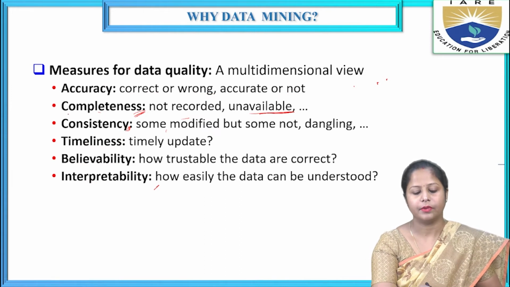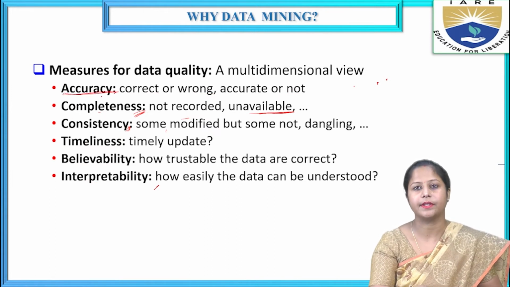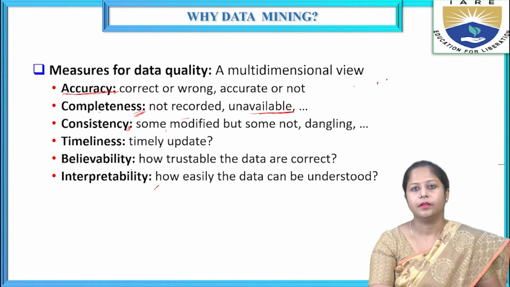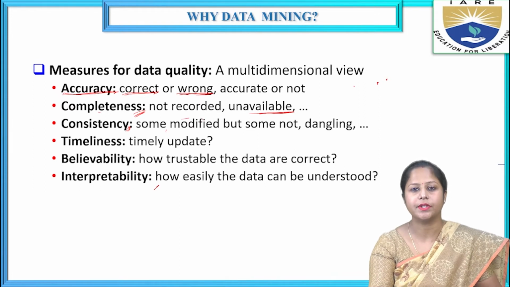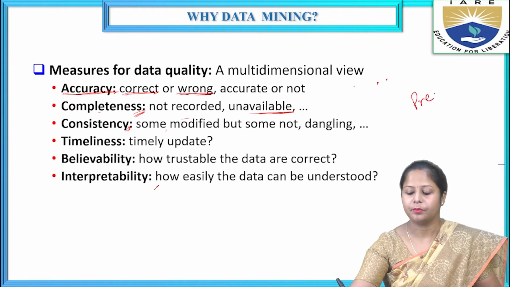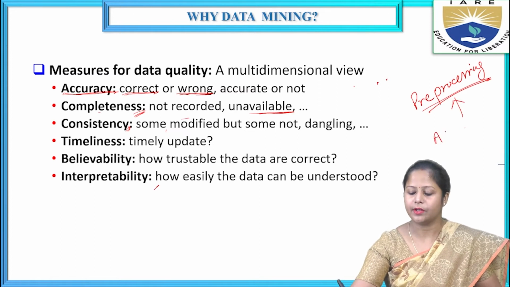So here we'll check the accuracy of the data. Is the data correct or wrong? Before the preprocessing phase, we need to check whether the data is accurate or not.